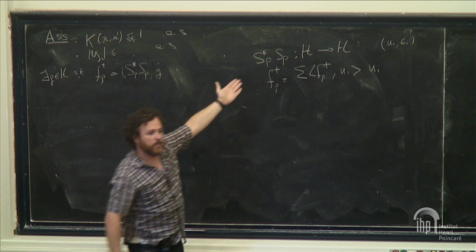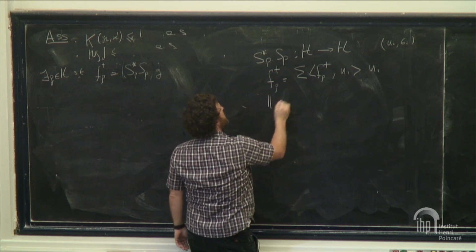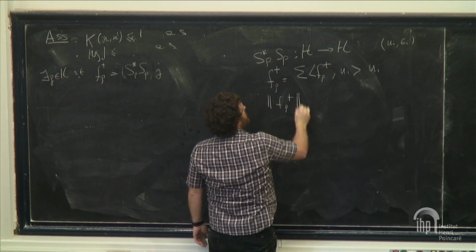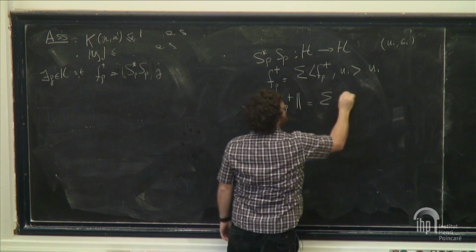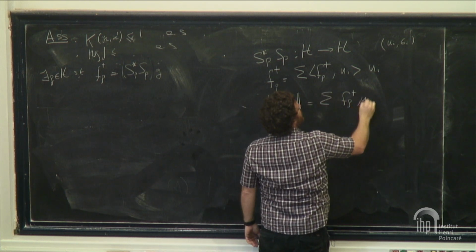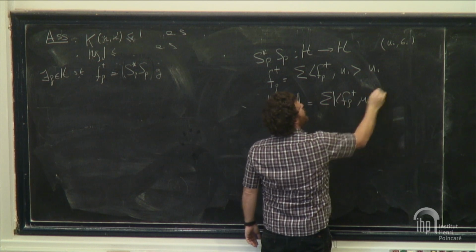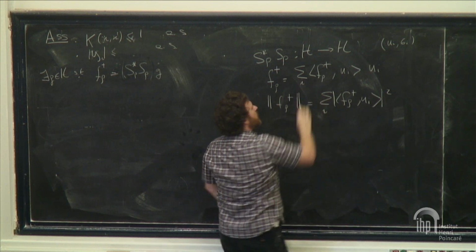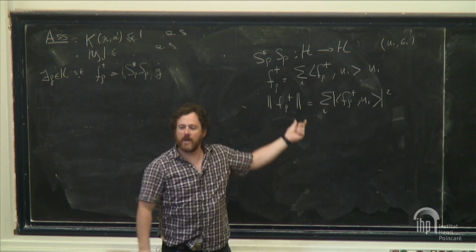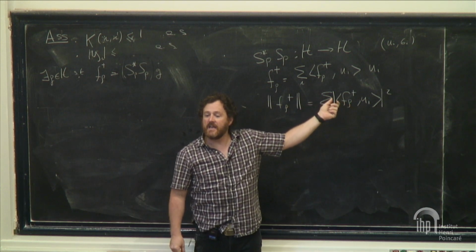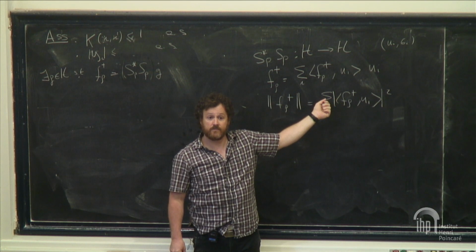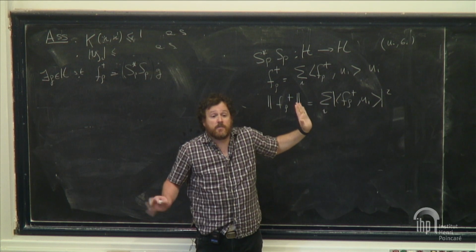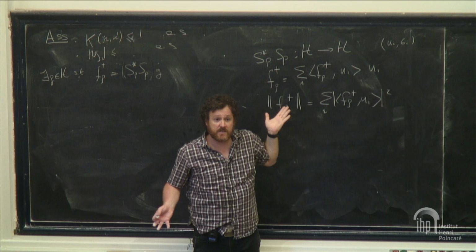Then I can take the norm, and by Parseval's identity, this is equal to the sum of the squares of <f rho dagger, u_i>, which basically tells us that the sequence of these numbers has to be an L2 sequence. All right? For now, I made no assumption besides the fact that this function is in the space.